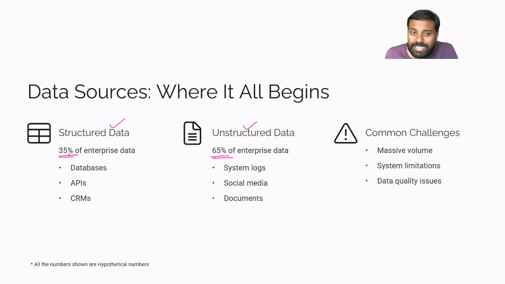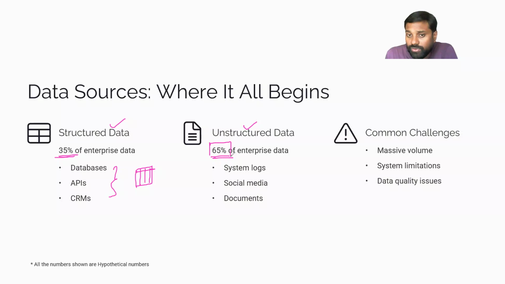So you only see 35% of the enterprise data, which is in a structured format in tables of various databases that we speak about today. RDBMS or NoSQL databases, right, etc. There are many different type of databases. The APIs, the CRMs, all these are containing structured data, which basically means table kind of a data. Data is organized.